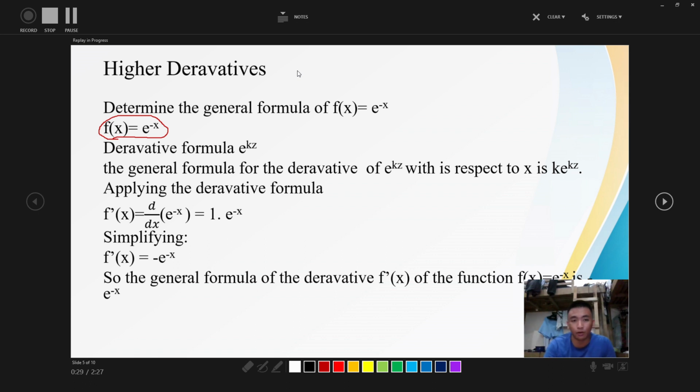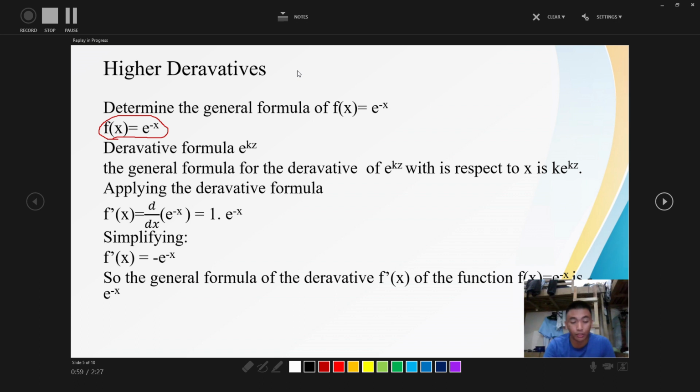Applying the derivative formula, f'(x) equals d/dx of e^(-x) equals negative 1 times e^(-x). So we simplify it right now.